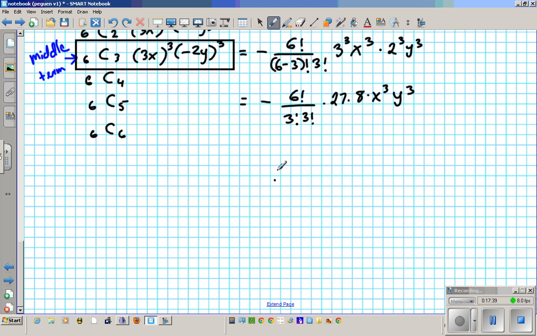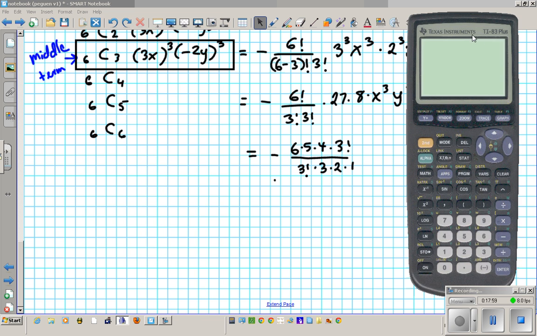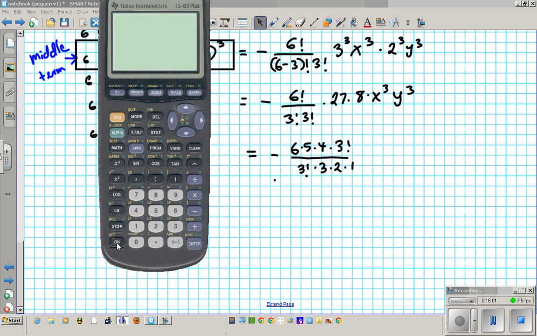Let's go a little bit further. If we break this down, it's going to be negative 6 times 5 times 4. Let's stop at 3 factorial over, keep one of them, let's keep this one, and break the other one, 3 times 2 times 1. And then 27 times 8. What is 27 times 8? 27 times 8 is 216.